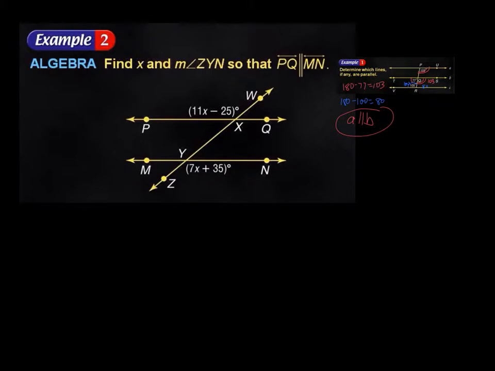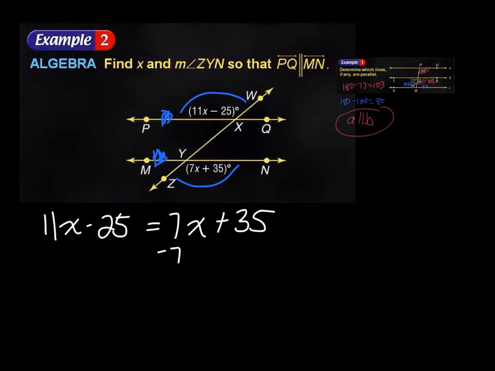Find x, the measure of angle ZYN, so that PQ is parallel to MN. Okay, parallel lines, they mark with the little arrows. And alternate exterior angles are congruent if lines are parallel.